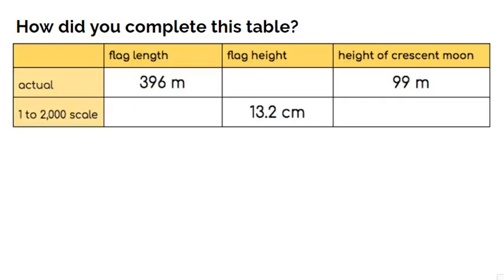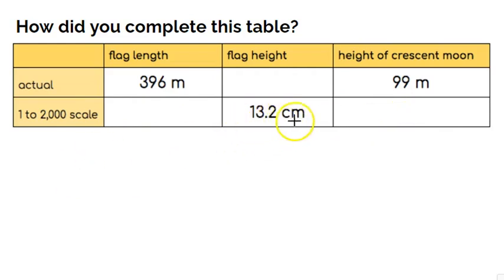All right, so let's think about this right here. And this is a conversion to help us convert between the two measurements. So they're saying with this that it is a 1 to 2,000 scale. What do we know automatically about this?